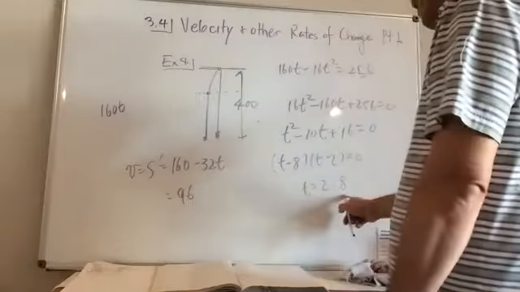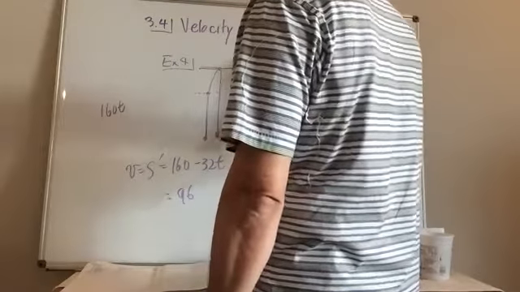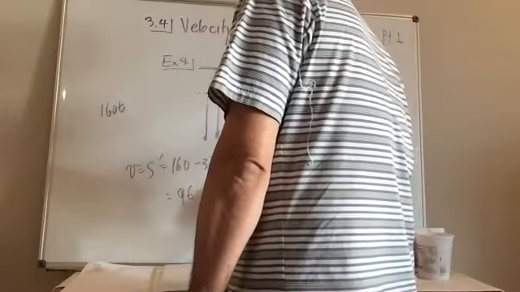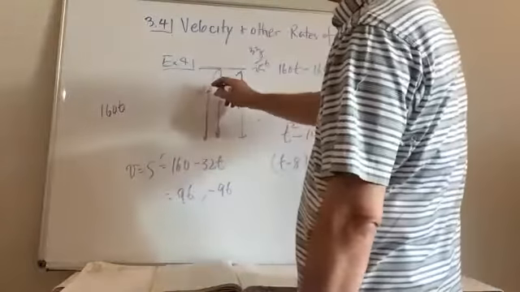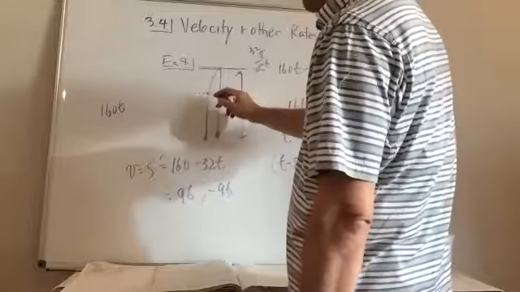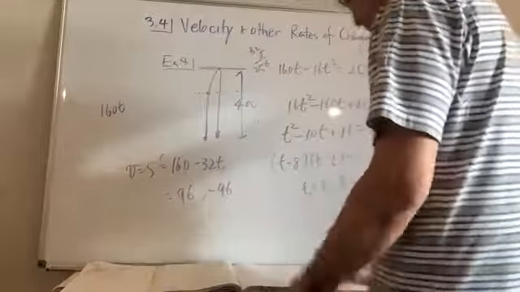When t is equal to 8, what do I get here? I get 32 times 8, which is 256. So 160 minus 256, so I'm going to get minus 96, which makes sense, right? Because 96 going up, 96 coming down. So when it's going up, the velocity is positive. When it's coming down, the velocity is negative. Okay?